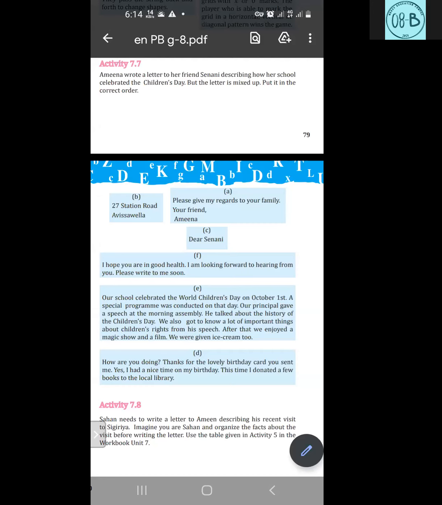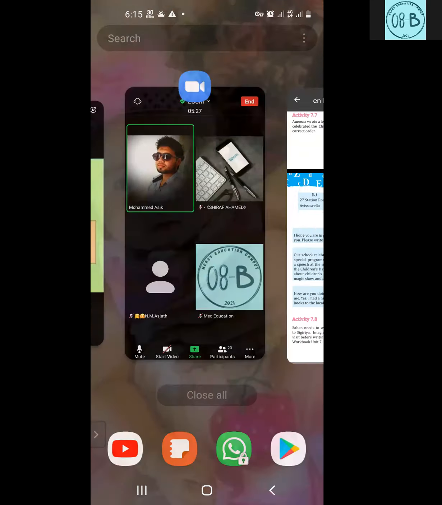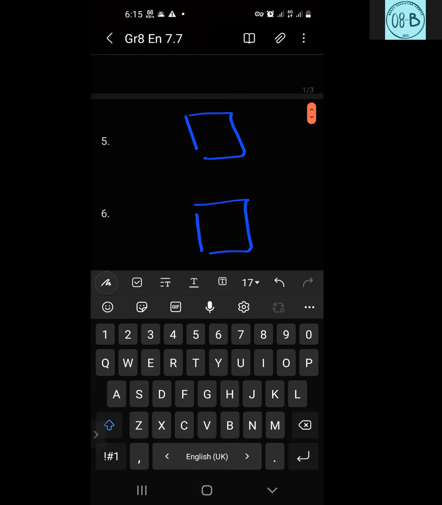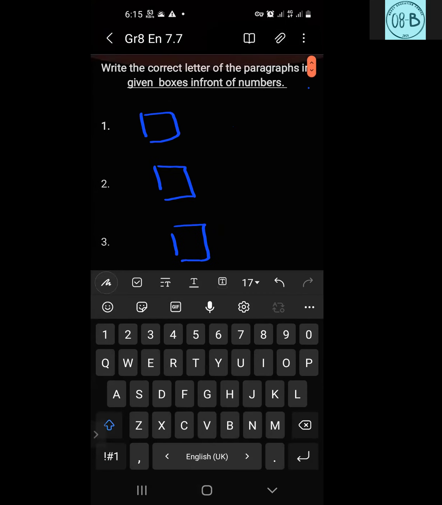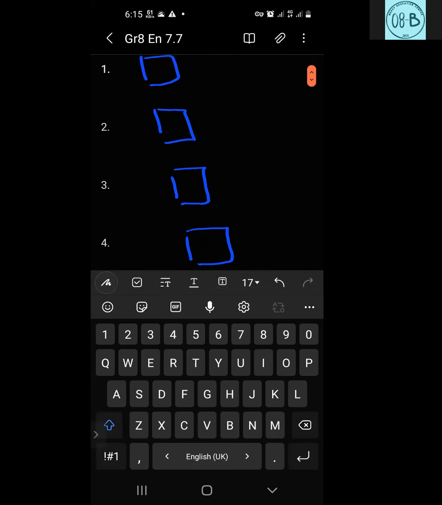Now I am going to show you how to arrange this paragraph in order. Wait a minute, I'll show you. Here you have to prepare to answer this question like this. You have to put numbers and boxes.